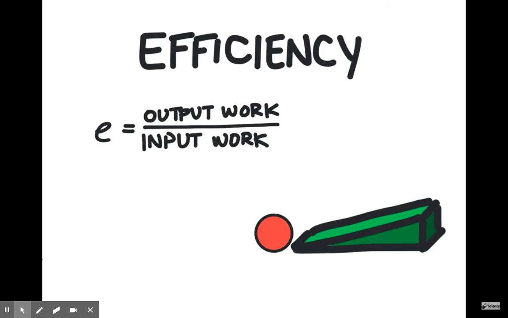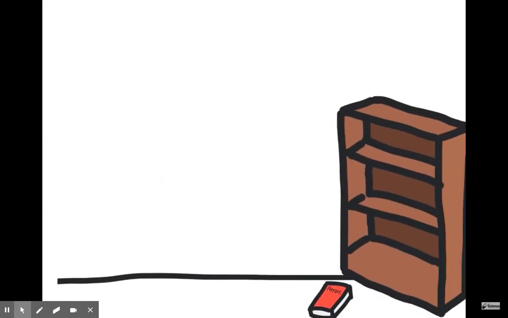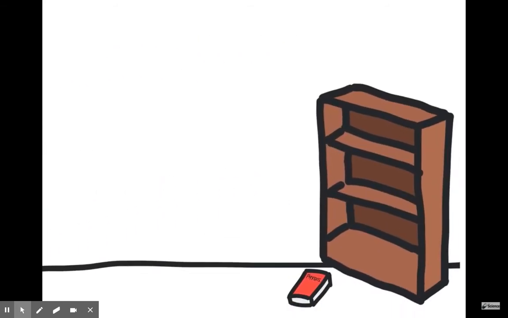So an inclined plane makes moving an object to an increased height easier because you have to do less force on the object to get it to that higher position. So what does this look like? Well, let's look at a situation here where we want to move an object up on top of this bookshelf. Now let's say that the height of this bookshelf is 2 meters, and we want to lift our object up and put it on top of the bookshelf, lift it all the way up by 2 meters.